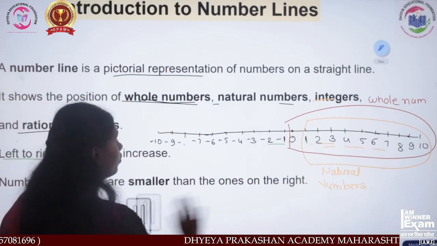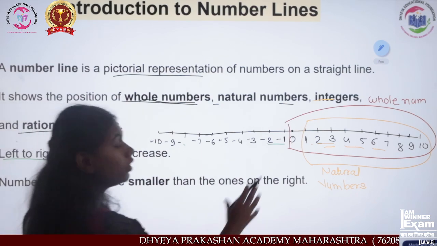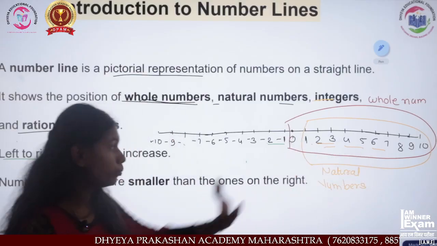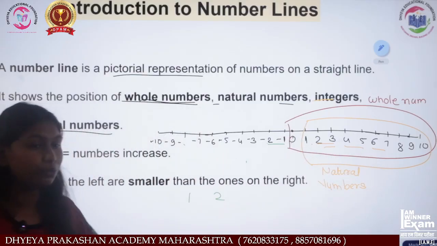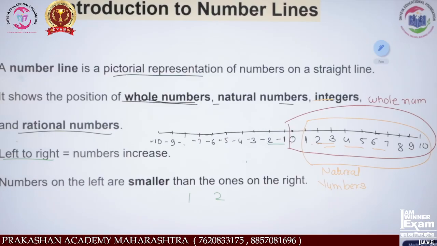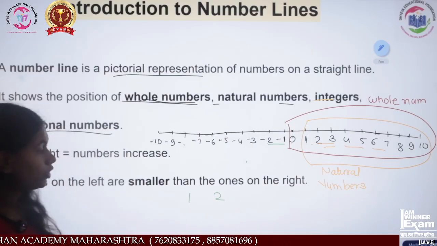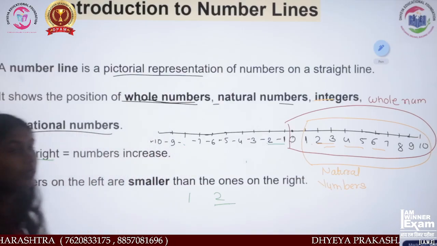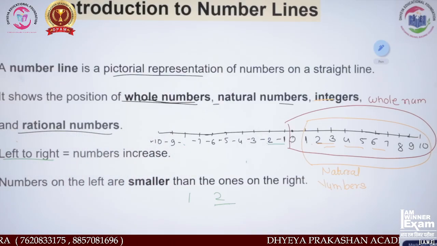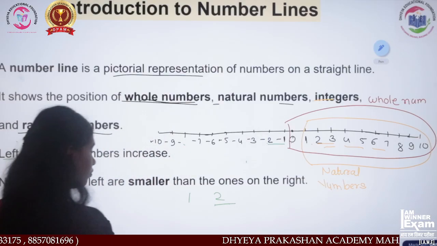And in terms of positive numbers, suppose both numbers are positive, 1 and 2. Now both numbers are positive, so there is no sign. Which number is bigger? The bigger one is always the bigger number.